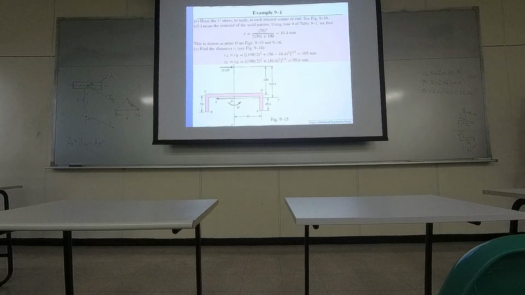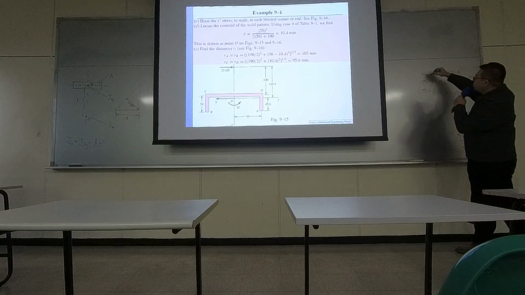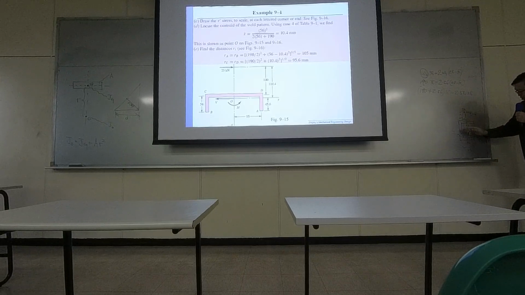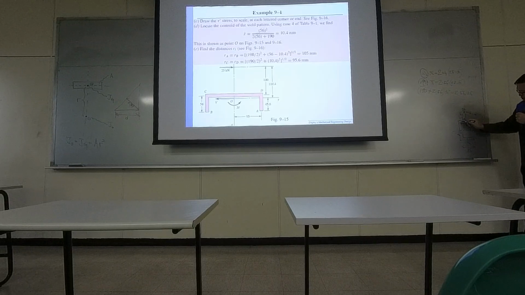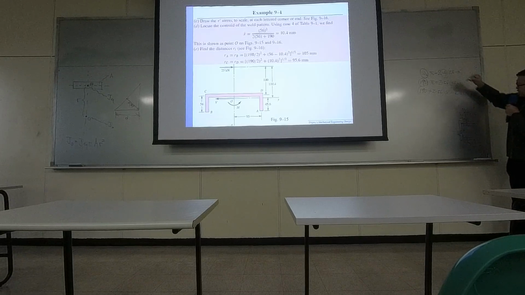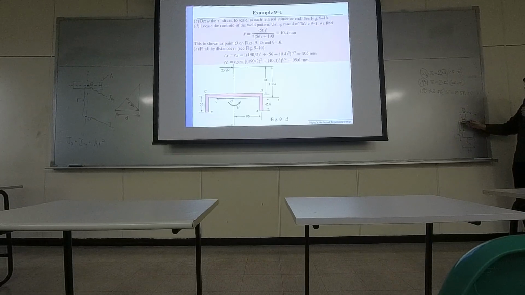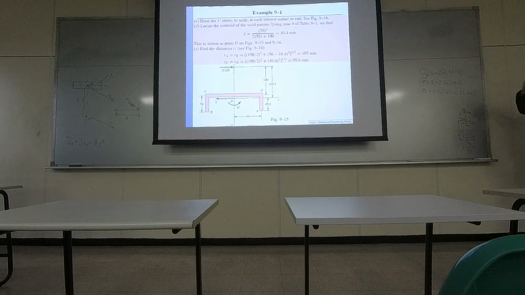That's why your W2 can be replaced by the length of this part, and your W1 can be replaced by the length of the horizontal part right there. That's how you compute X bar.